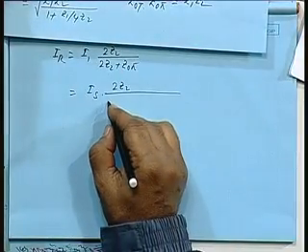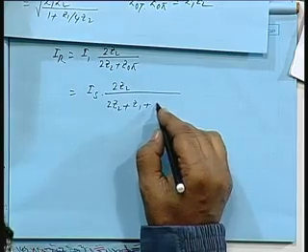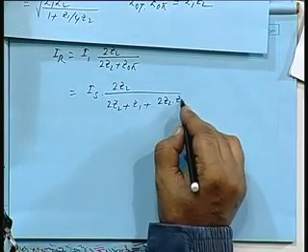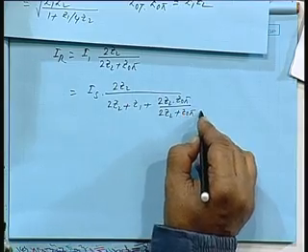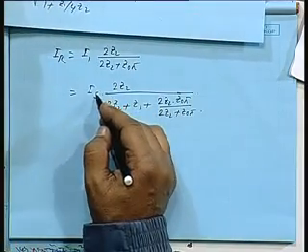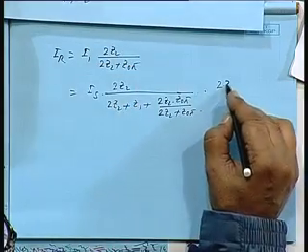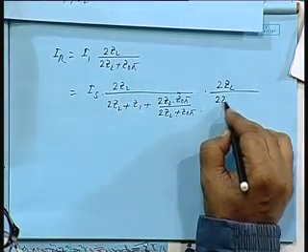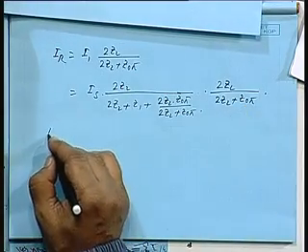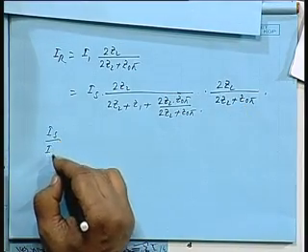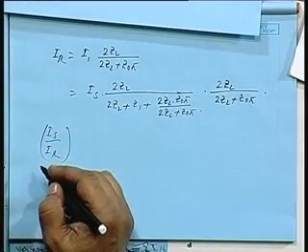So, twice Z 2 plus Z 1 plus twice Z 2 Z naught pi by twice Z 2 plus Z naught pi. So, this fraction of I s is I 1, then that gets multiplied by this factor to give you the total current. Is that okay?